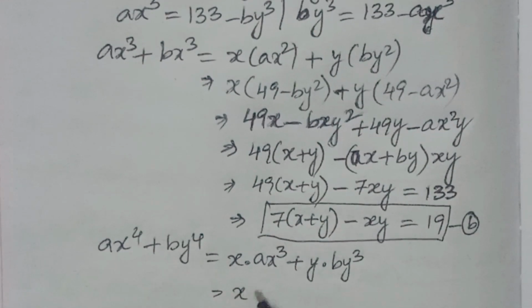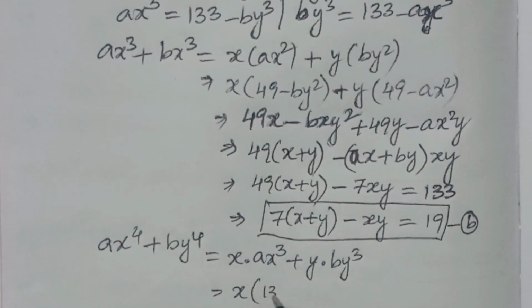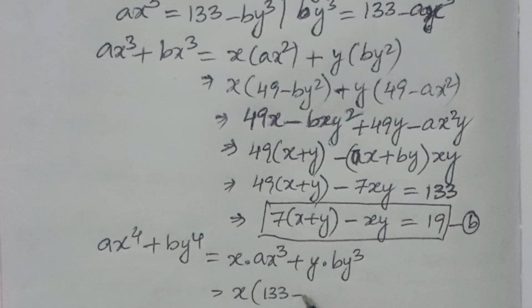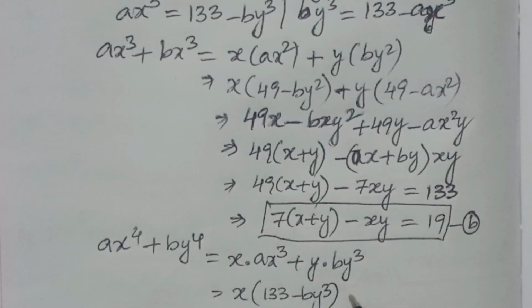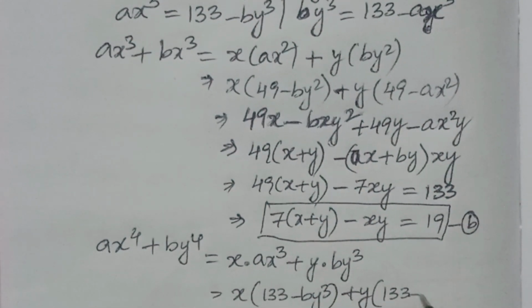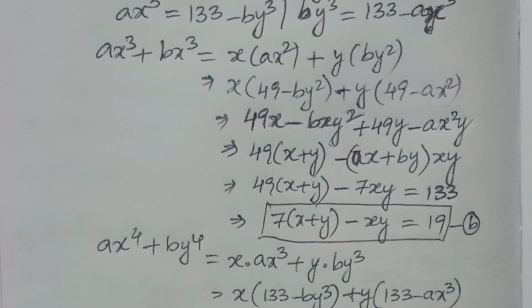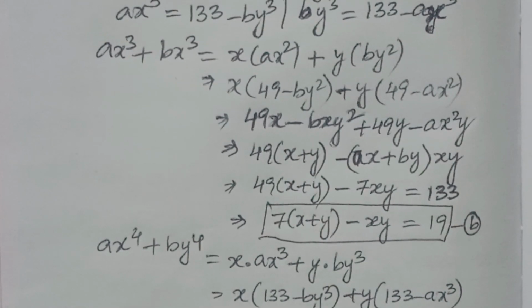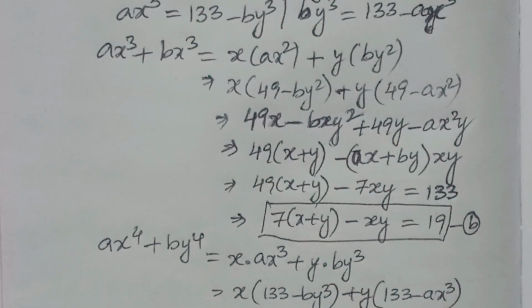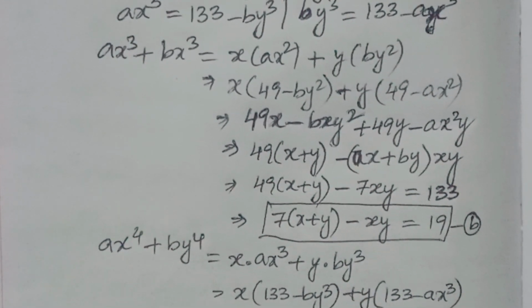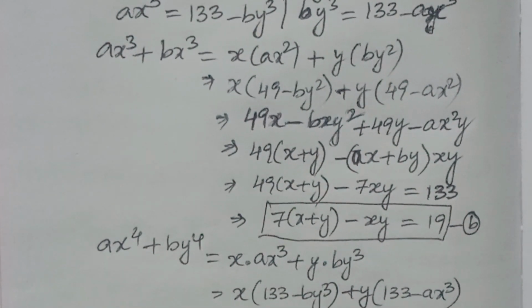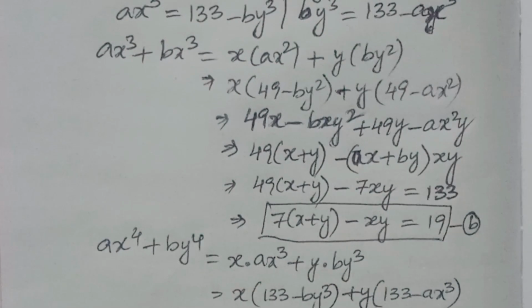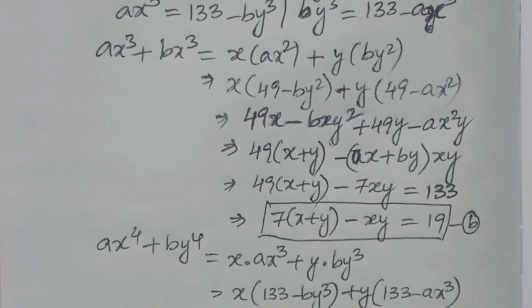So this can be written as x into (133 minus by cube) plus y into (133 minus ax cube). So directly I am writing 133 into (x plus y) minus (ax square plus by square) into xy.